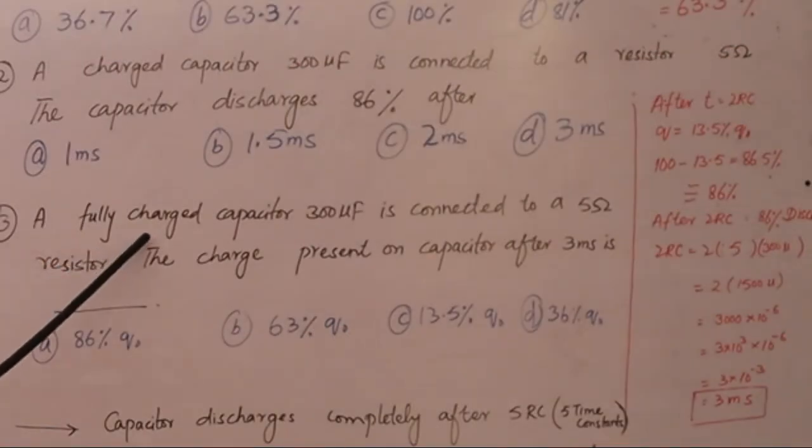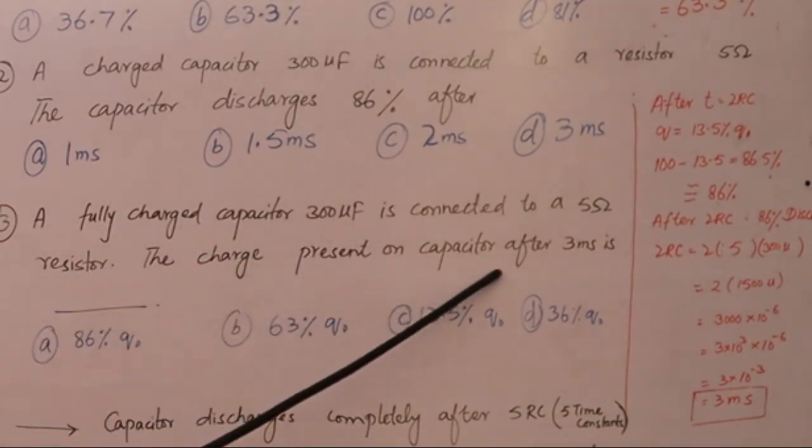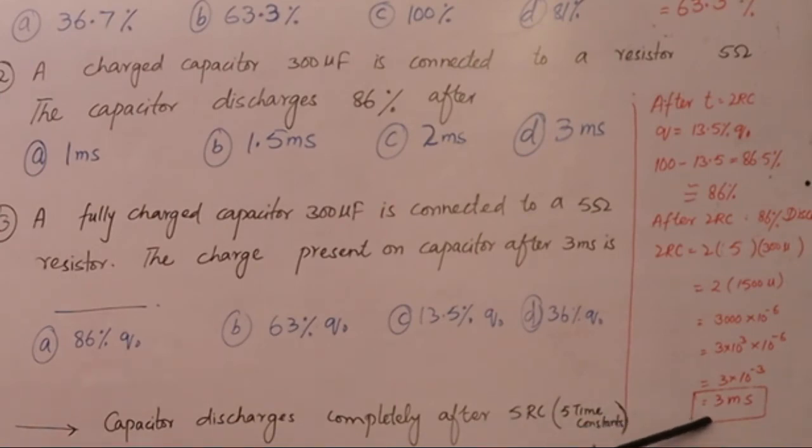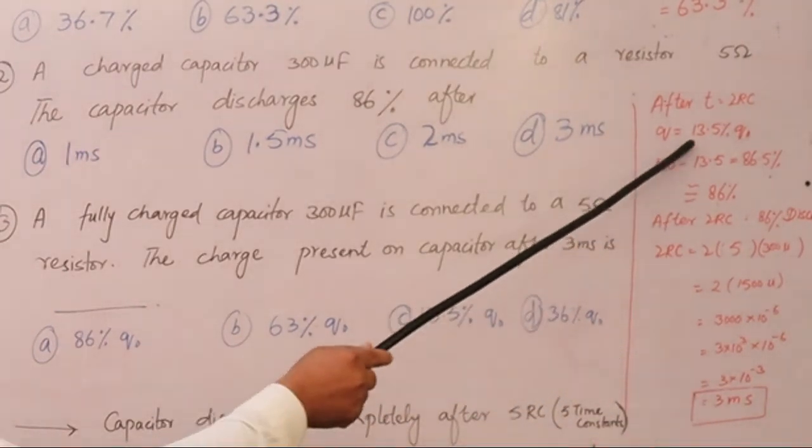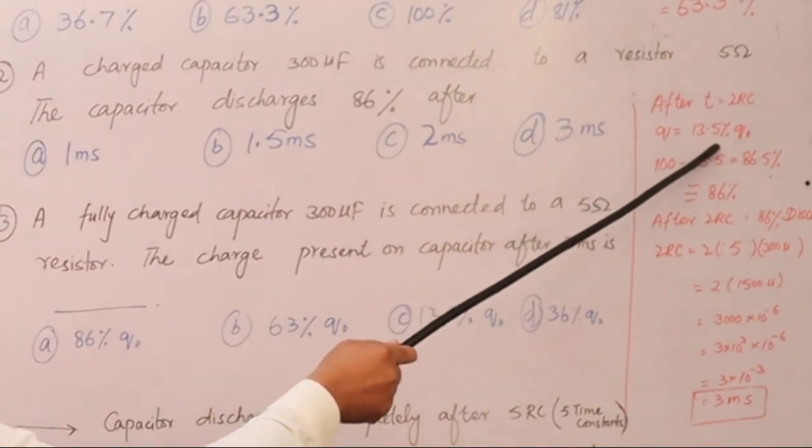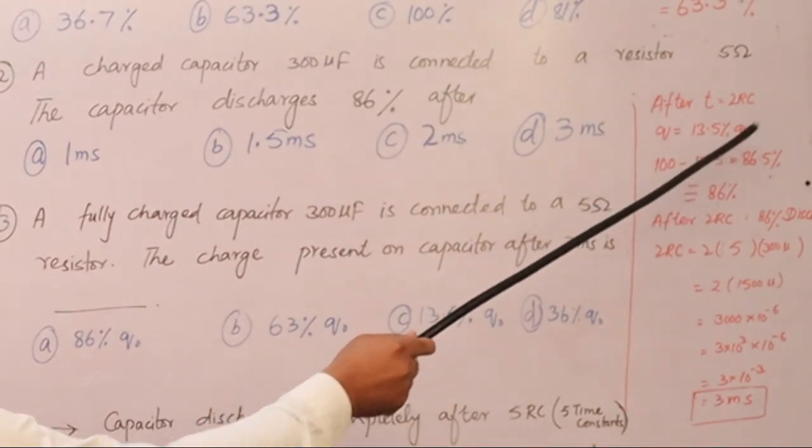A fully charged capacitor, once again the same question, but with a bit of change. The charge present on the capacitor after 3 milliseconds is dash. We have already found that the charge present after 3 milliseconds, with the same values of R and C. So after 3 milliseconds, how much charge do we have? 13.5% charge, 13.5% of the maximum charge.